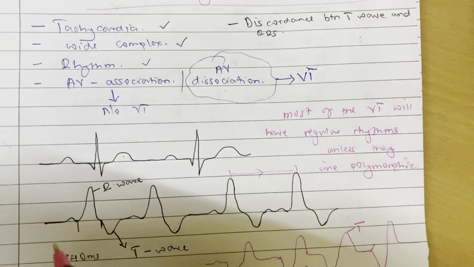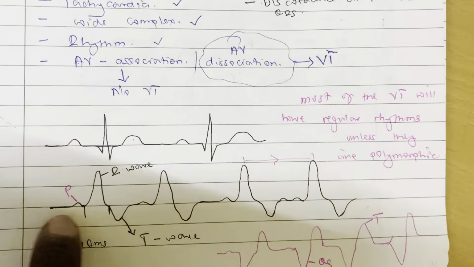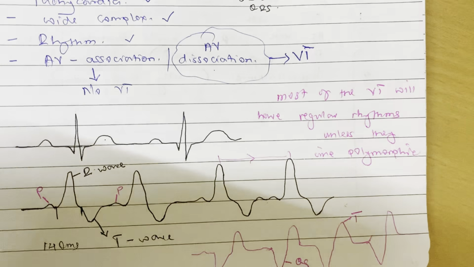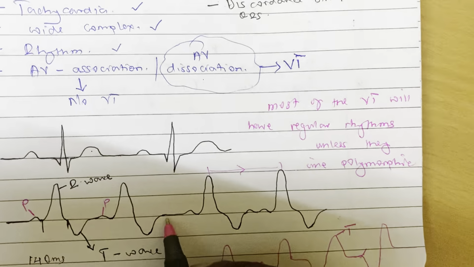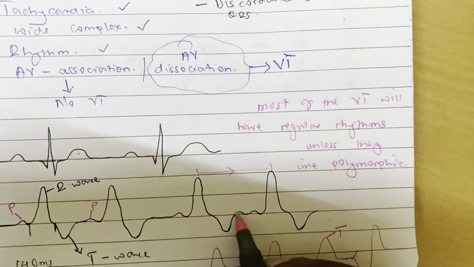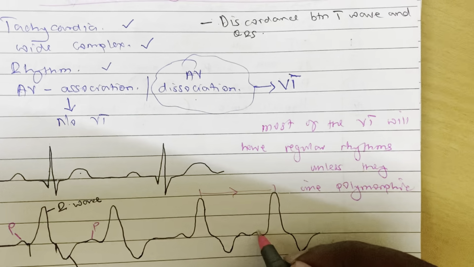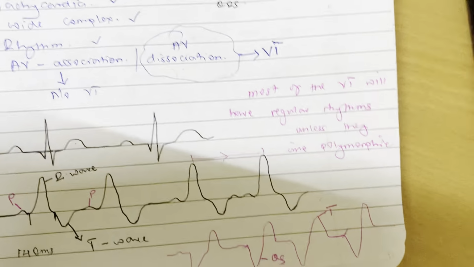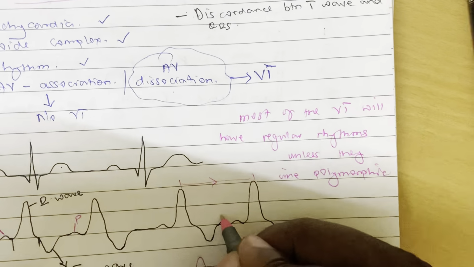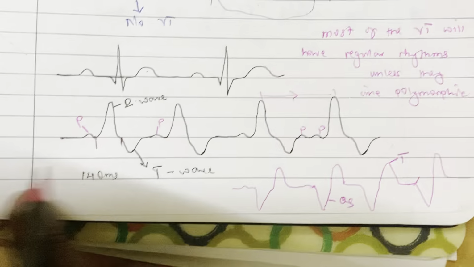Now the next is to check for P waves. This is a P wave. It is there, no? Also here it is there, but here no, and here they appear to be two.